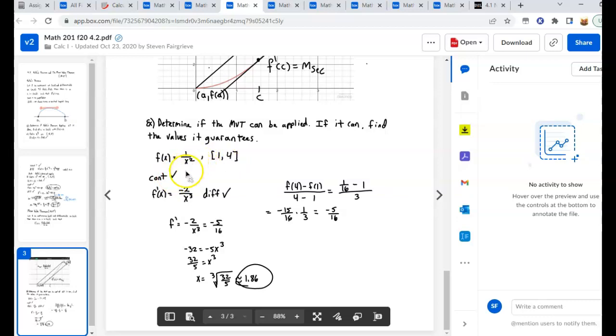Right? 0 is not part of the interval, so that's why it's okay. And likewise with its derivative. So it is continuous and differentiable, so mean value theorem does apply. So then we looked, when is the derivative equal to the slope of the secant line? And we compute that and find out our x value is approximately 1.86.